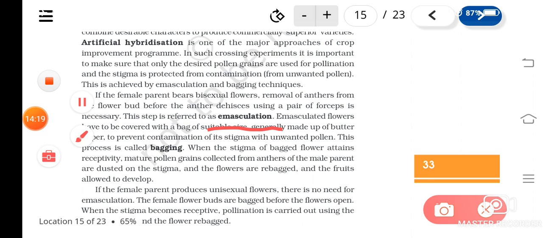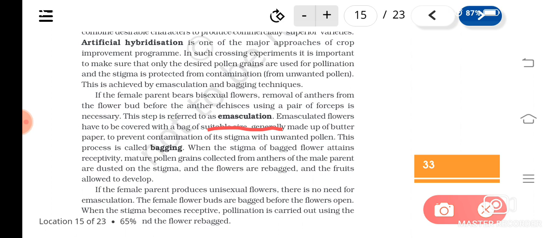Understood? So if bisexual flowers are there in artificial hybridization, then it is very necessary to remove the anthers. This process is known as emasculation. After emasculation, bagging should be done. What do you mean by bagging? In bagging, we cover the stigma with the help of a bag, or polythene bags can be used, and it should be tied.